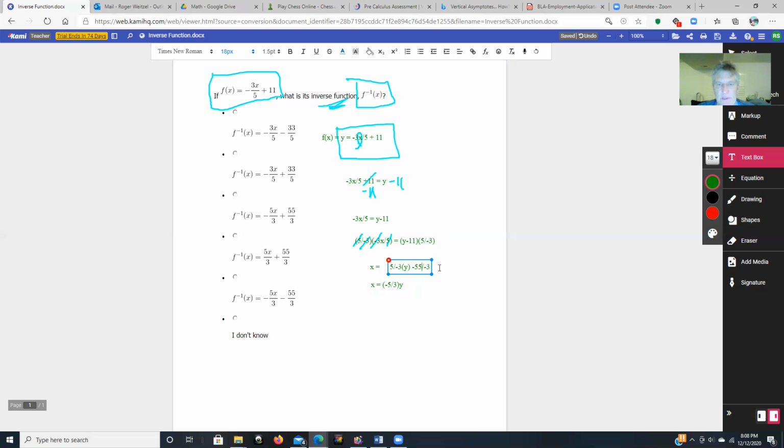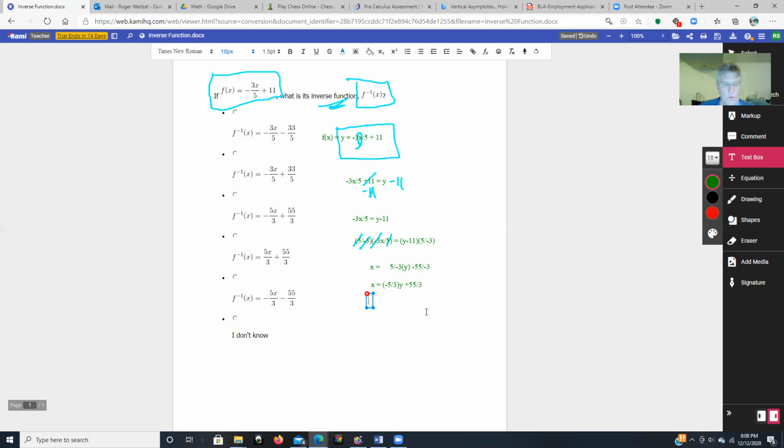This was supposed to be 55. This is the 5 times minus 11. So in this case, we're going to have 55 divided by 3. And we have this new expression now in terms of y.